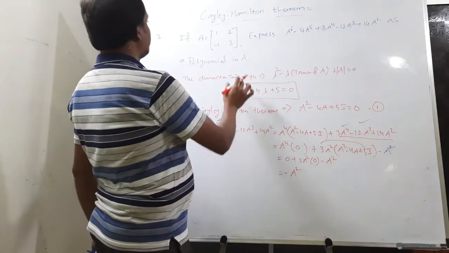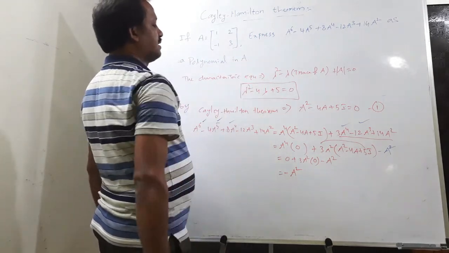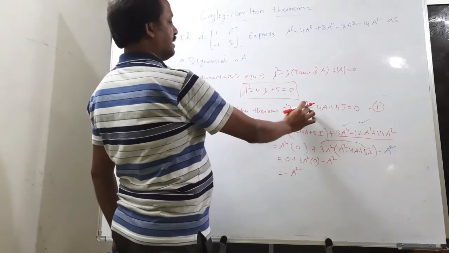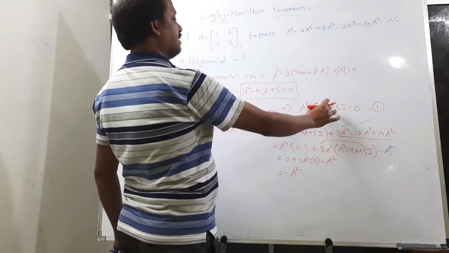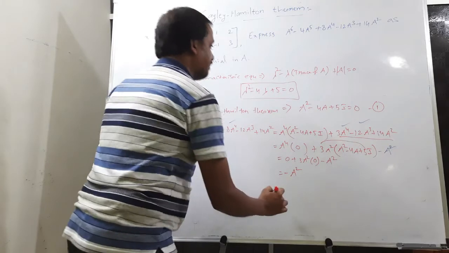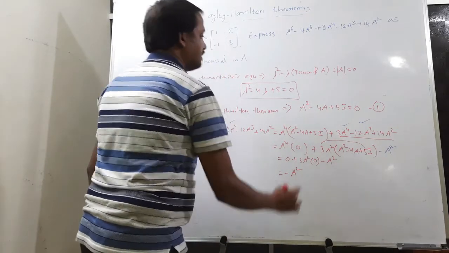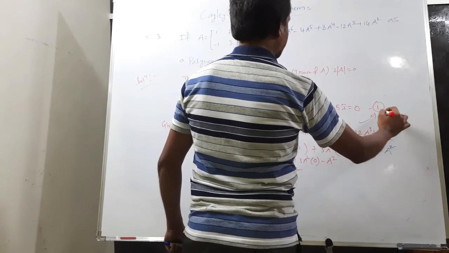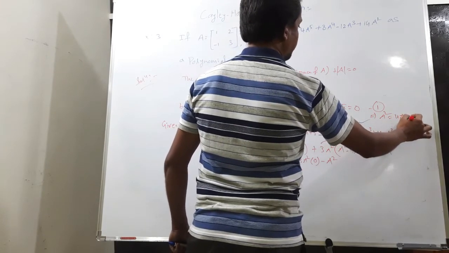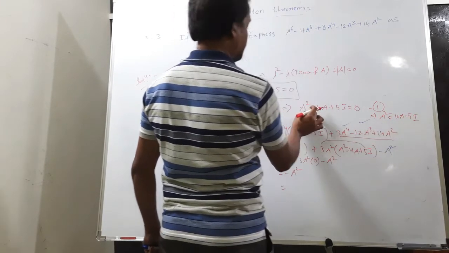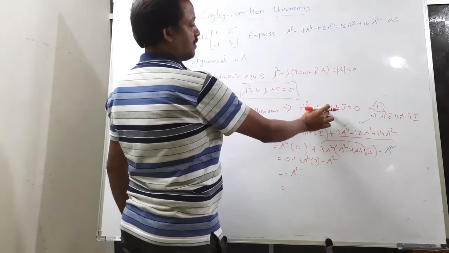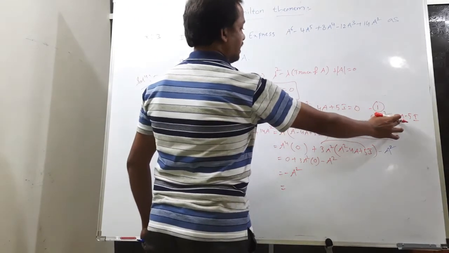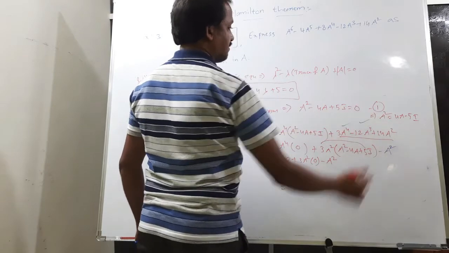But we need to write it in terms of A only. So since equation 1 holds, if you write A square on one side and take the remaining to the right-hand side, it will become minus A square is equal to, so here you can write A square as 4A minus 5I. Keeping A square on the left-hand side, minus 4A will become positive 4A, and 5I will become minus 5I.